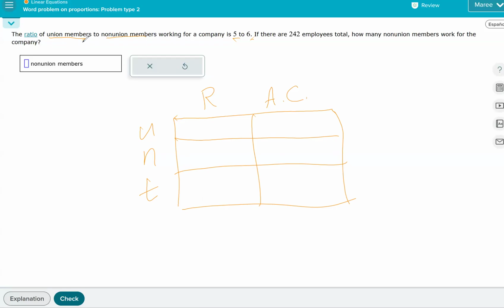They give us union was 5 to 6, which means our total is 11. They say there was 242 employees total. How many non-union? So we want this one. We could ignore the top row and we'll do 6/11 equals X over 242.